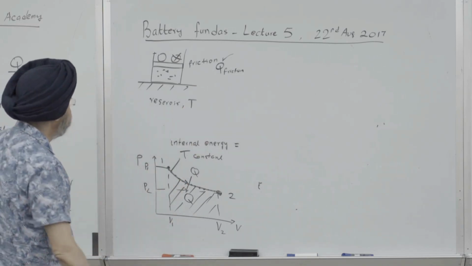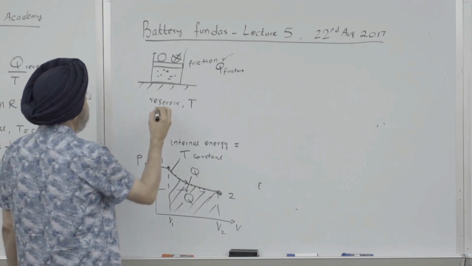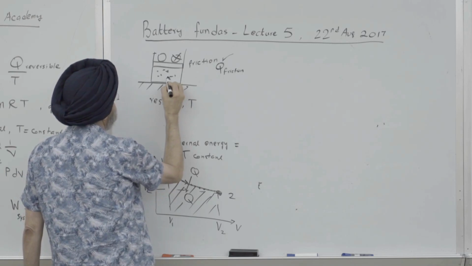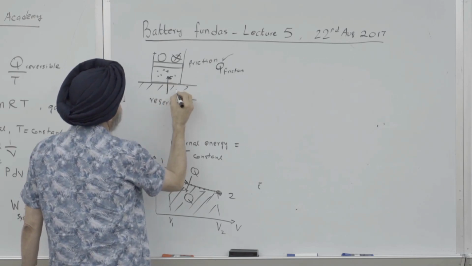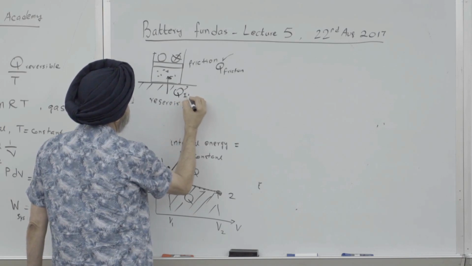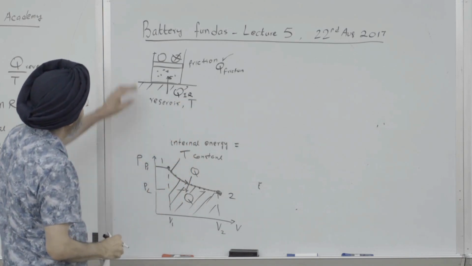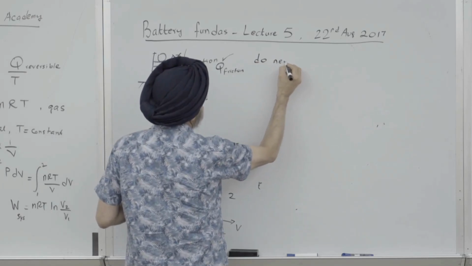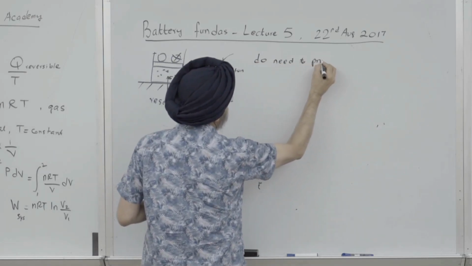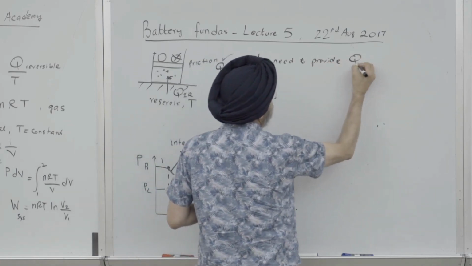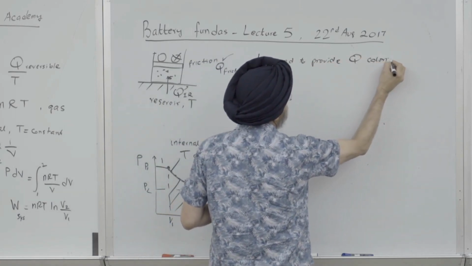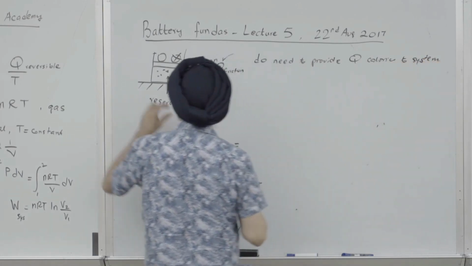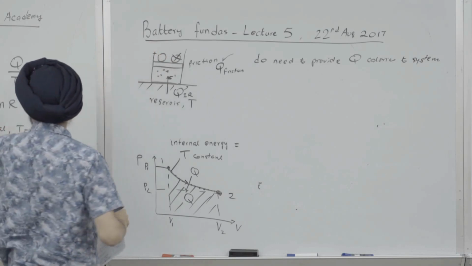I still want to go from position 1 to position 2 on this curve, but I have Q heat produced because of friction. But I know that I need to feed some Q, I'll call it this time irreversible. So actually, I do need to provide Q calories to the system when I remove one block, just like before.